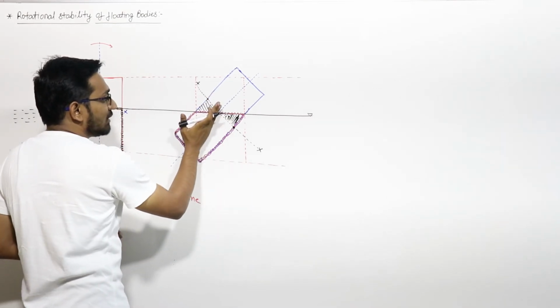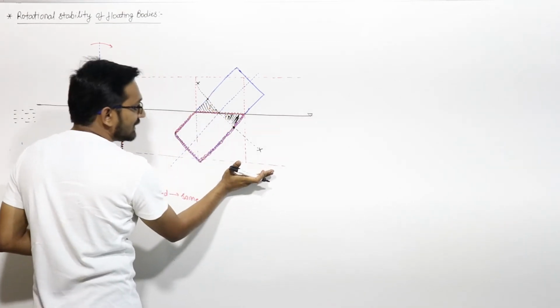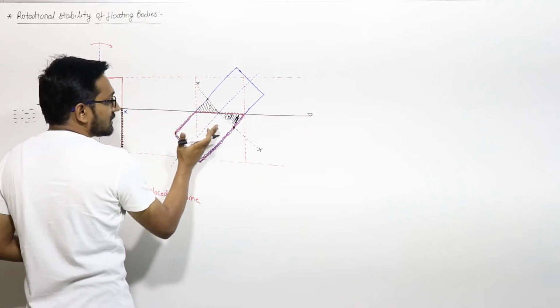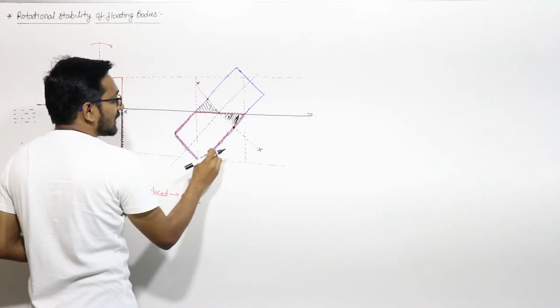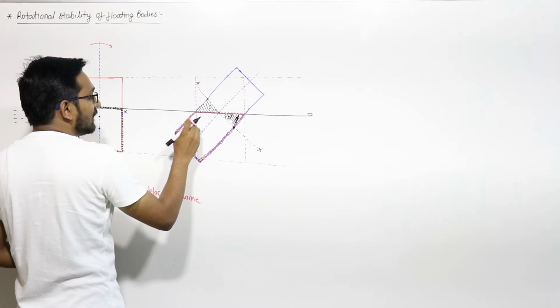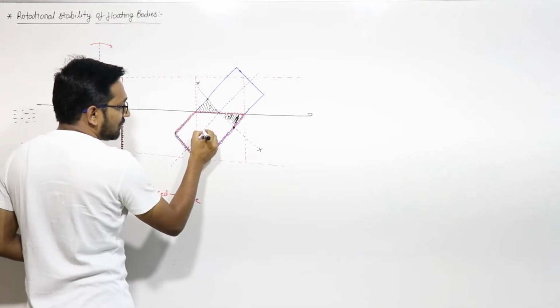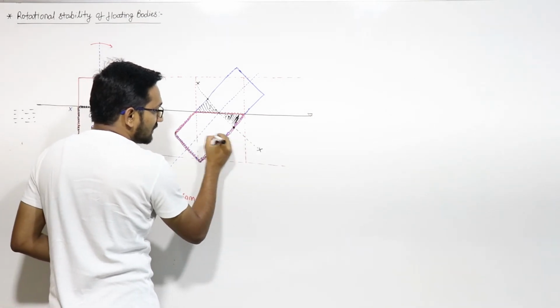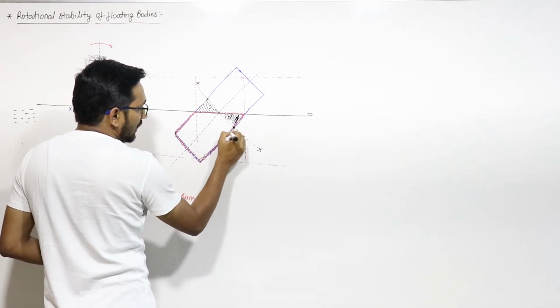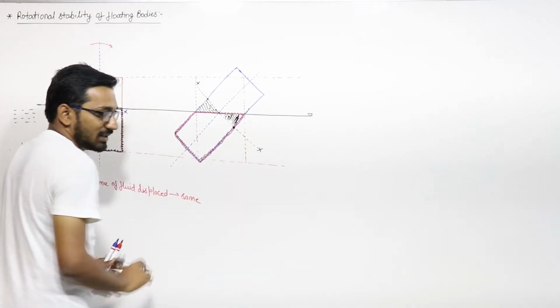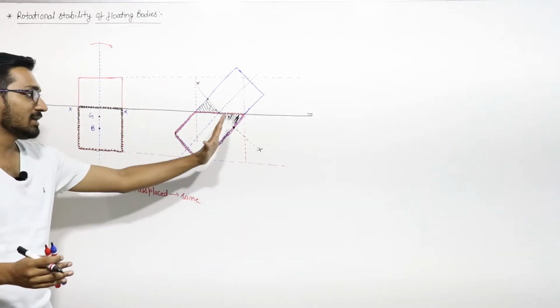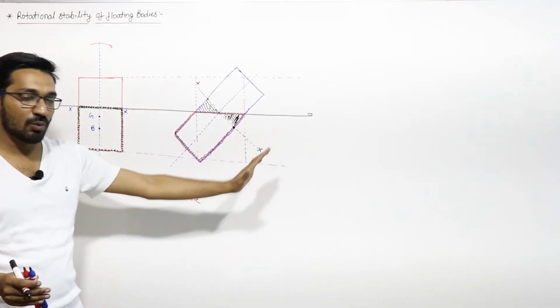Fluid displacement will be more towards the right side, the mass distribution will be more towards the right side, and the mass distribution is less here. So the center of buoyancy will shift in this direction, right, towards right.